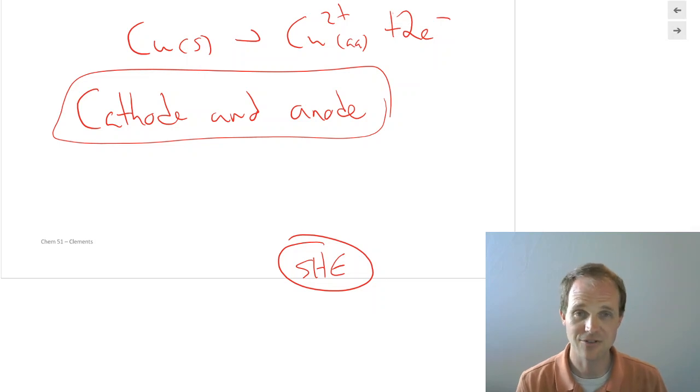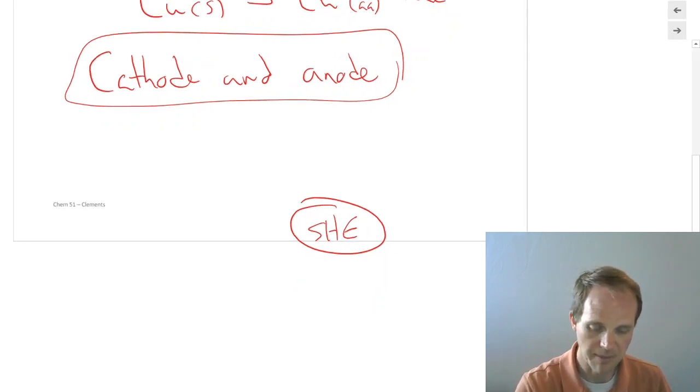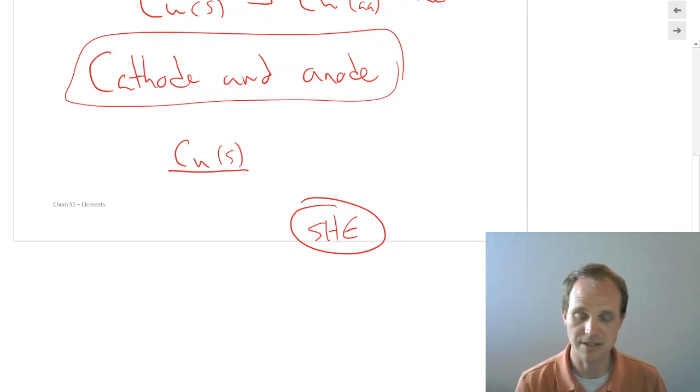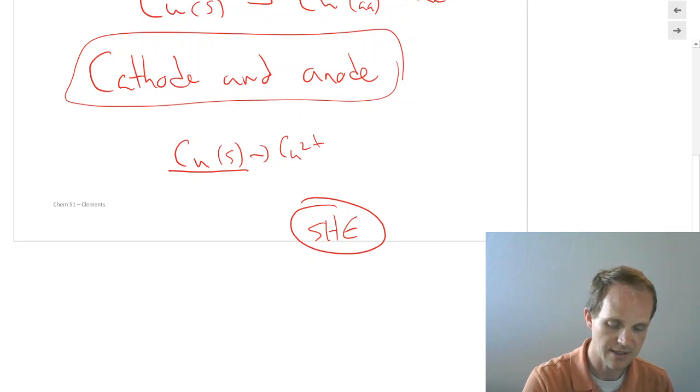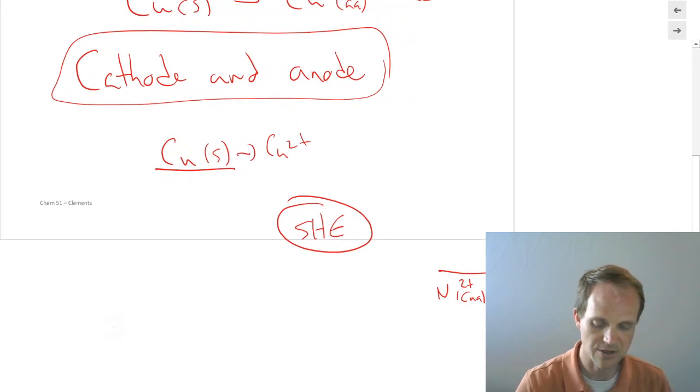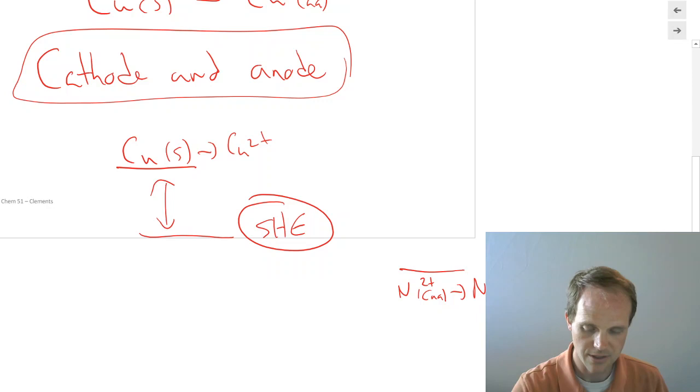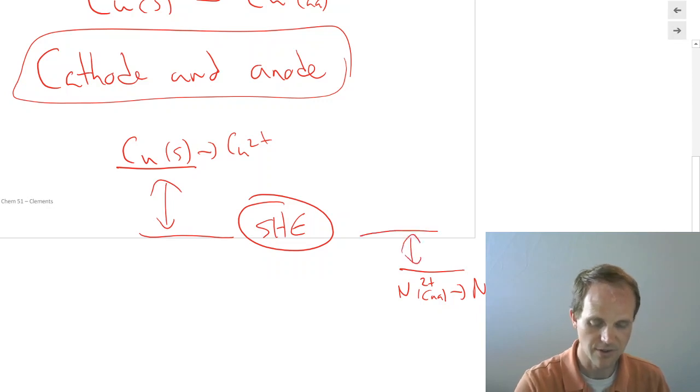We say, copper produces this much energy compared to the standard hydrogen electrode when we oxidize it, and nickel produces this much energy compared to the standard hydrogen electrode when we do it.